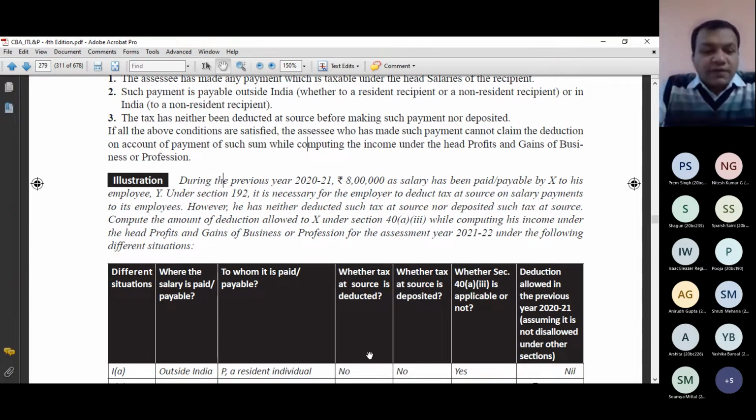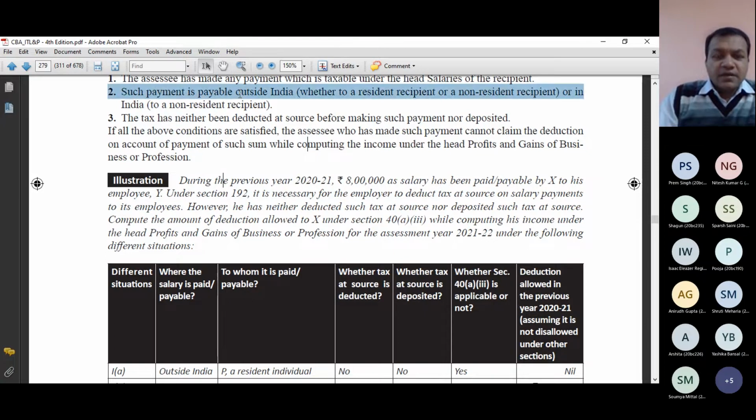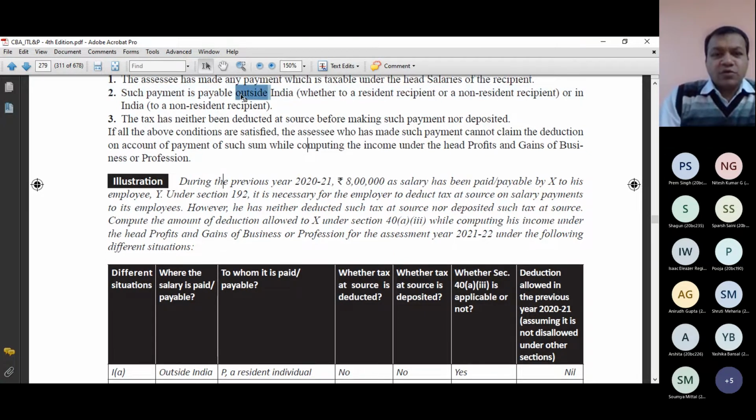This is my situation number 1A, where the salary is paid outside India. To whom is it paid or payable? P, a resident individual. Now, whenever salary is paid outside India, it does not matter who the recipient is. The recipient can be resident or non-resident, doesn't matter.